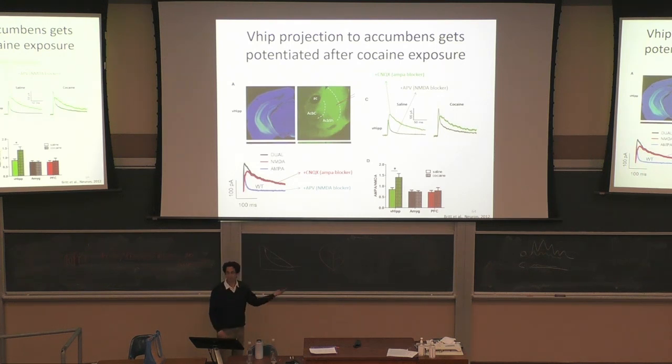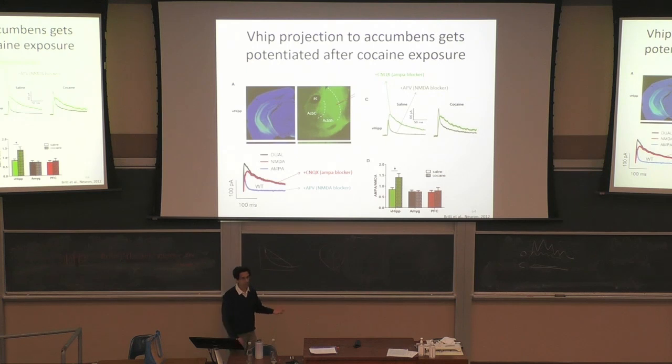And then speaking of accumbens, the next experiment is about that. They were seeing what happens to hippocampus projections to nucleus accumbens during these cocaine-related behaviors.